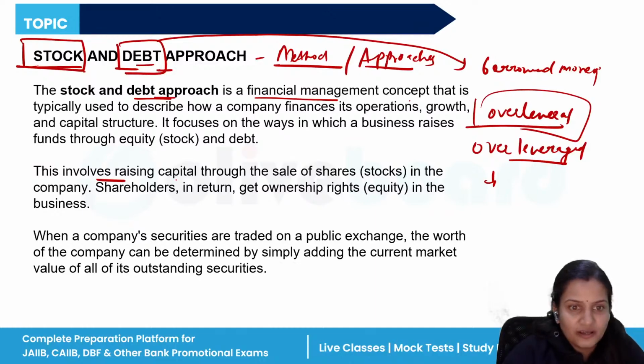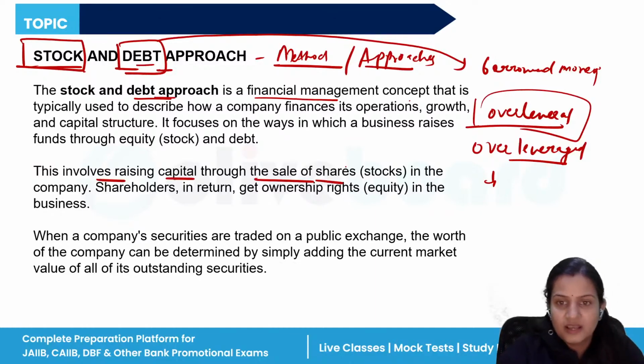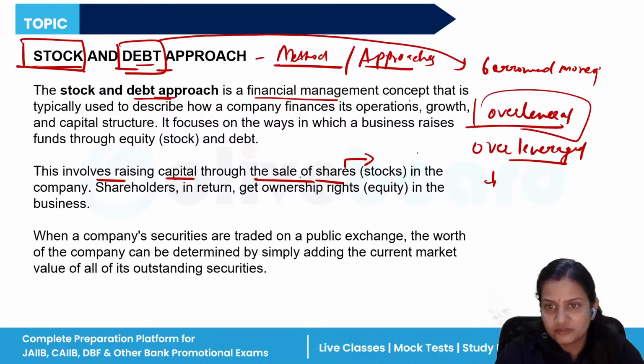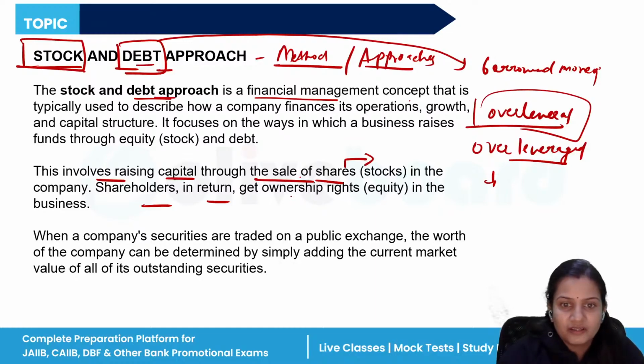So this involves raising capital through the sale of shares. If your company has a lot of debt, ultimately you will sell shares of your company so that in return you get the money. Shareholders in return get ownership rights in the business.